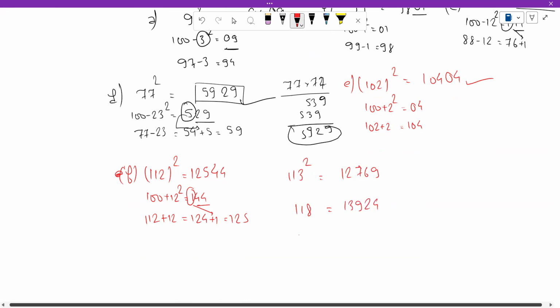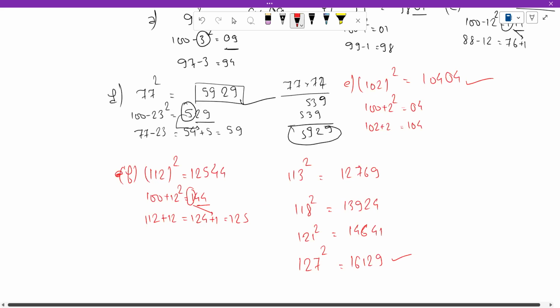If you tell me to find a square of 121, it will be 142 plus 4, 146, 41. If you tell me to find a square of 127, so 127 plus 27 is 154. 27 square is 729. So 154 plus 7 is 161, 16129.